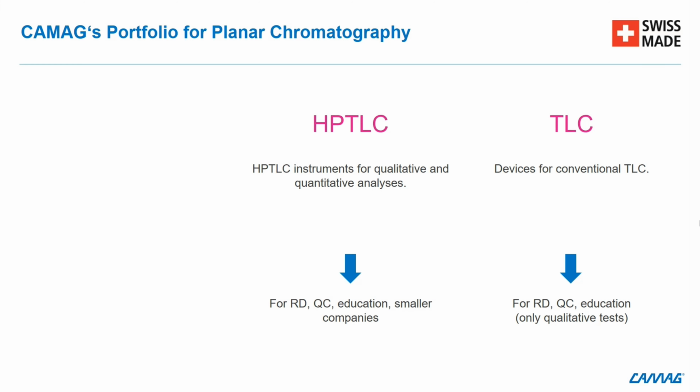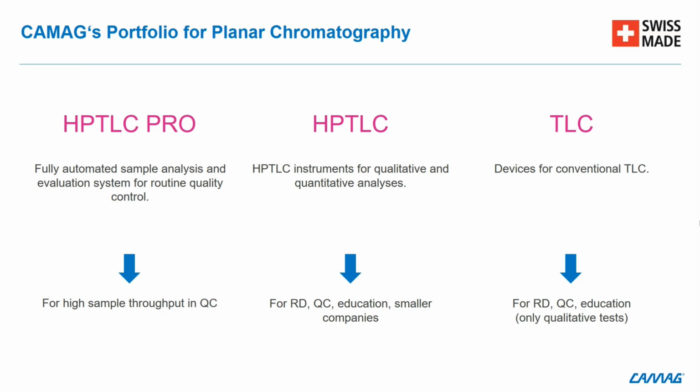Second, there is the field of HPTLC. With this technology, you achieve reproducible qualitative and quantitative results. HPTLC is suited for small companies and research labs to analyze their samples.